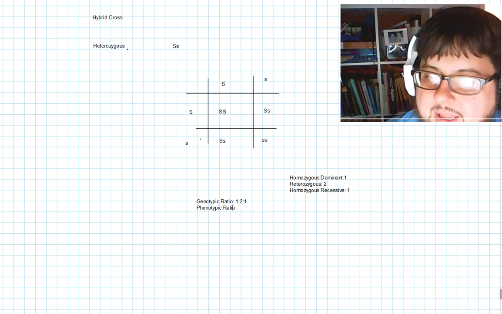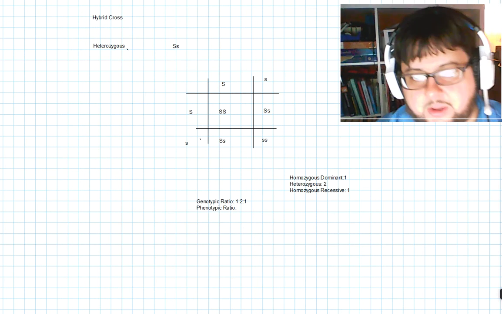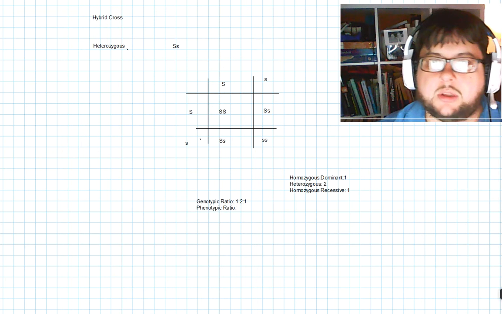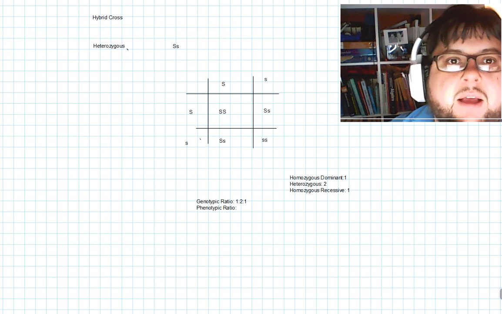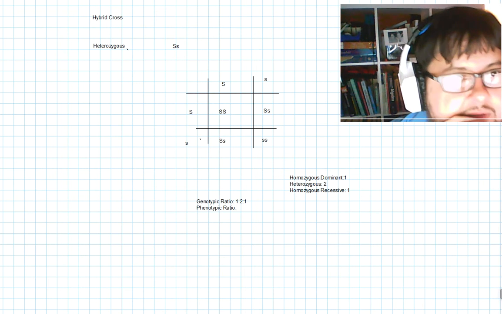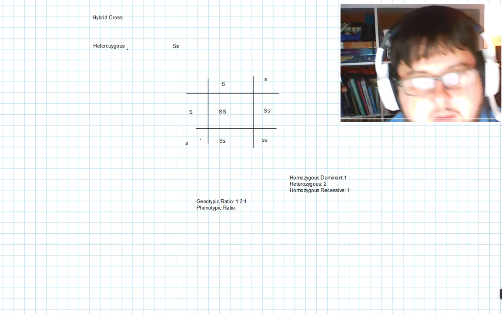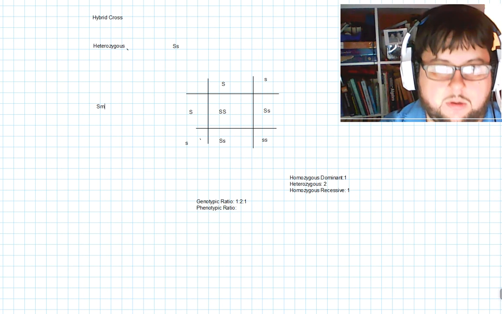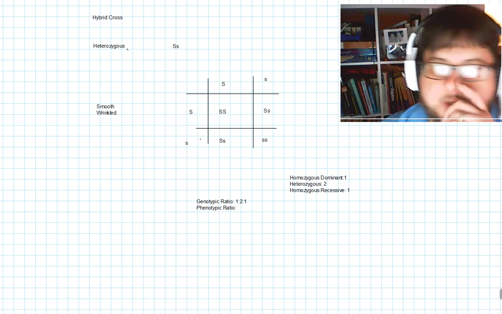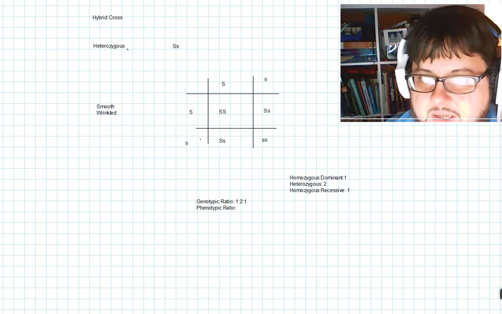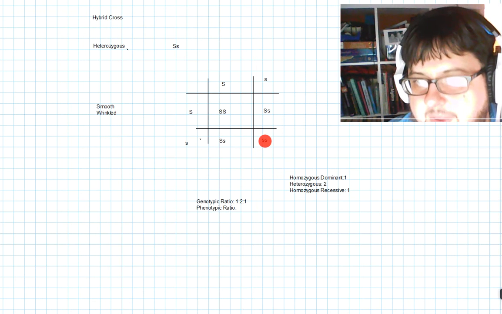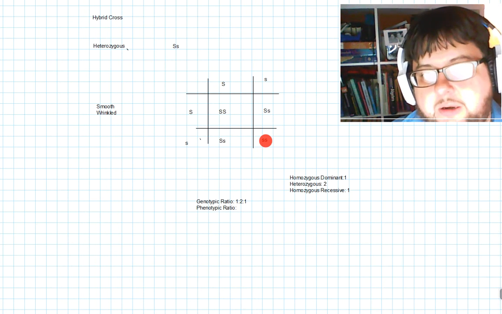The next thing we want to look at is the phenotypic ratio, which is the ratio of which trait shows. So looking at this, we have 2 different possibilities. You can have a smooth and you can have a wrinkled. Since we know that wrinkled only shows up when you have recessive, we can see right here there's only one possible wrinkled seed right here.